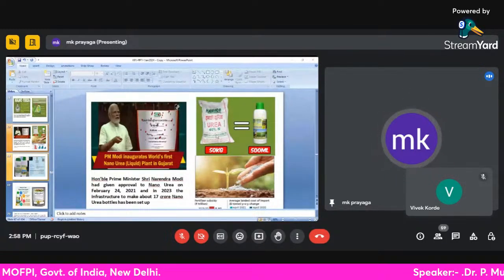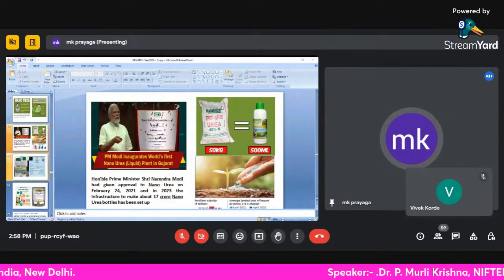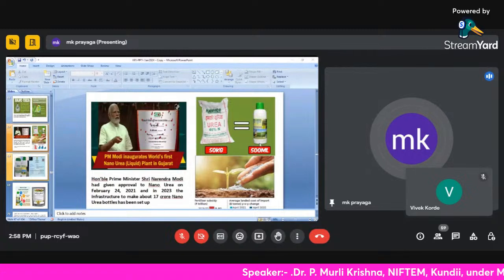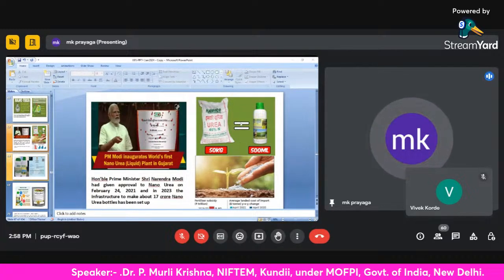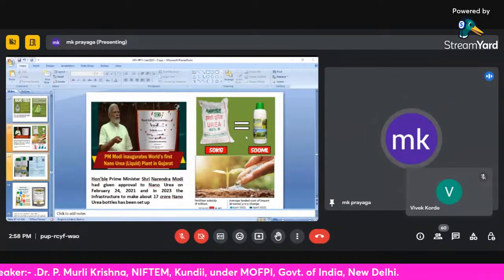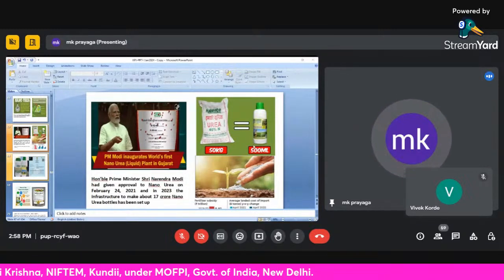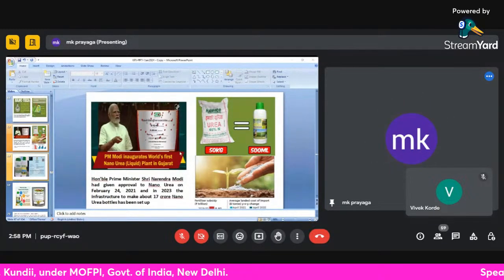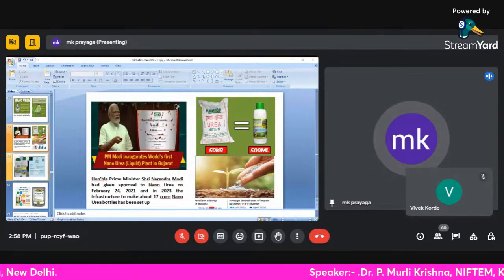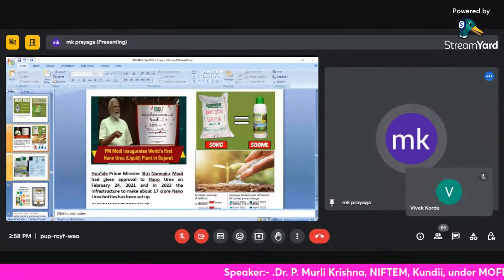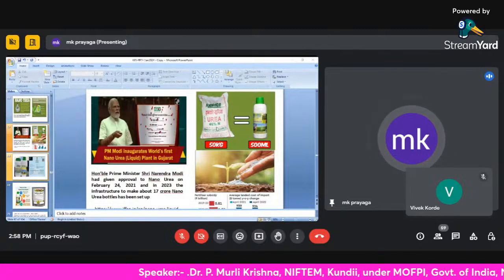A 50 kg bag is equivalent to 500 ml of nano urea. So this is a huge difference, and because of this nano urea, globally a lot of greenhouse gases released with urea delivery will be reduced, and even transportation.